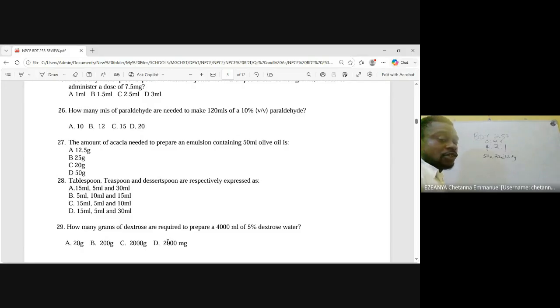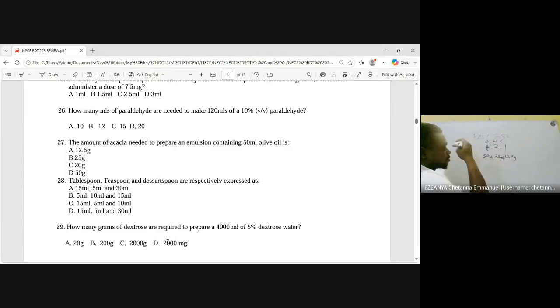The only thing you need to know is that each of them should bear the actual unit of the form or the state of that particular ingredient. Oil is liquid, so it should bear the unit of liquid, which is ml in this regard. Water is liquid, so it should bear ml. And acacia gum is a solid, so it should bear grams. But apart from that, everything is just normal calculation.